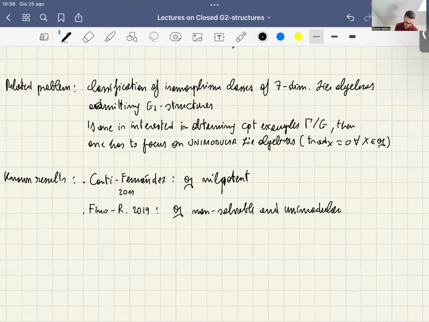And for instance, we did this again with Anna Fino and Francesca Salvatore. And this was done in 2021. What we did is to obtain a classification in the case of solvable Lie algebras that are unimodular and have non-trivial center.